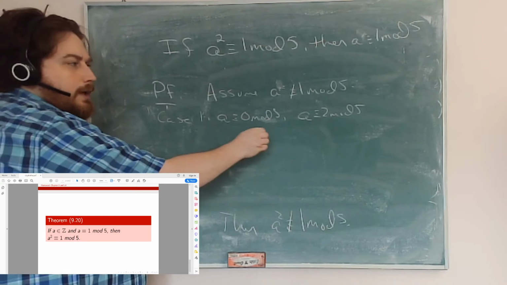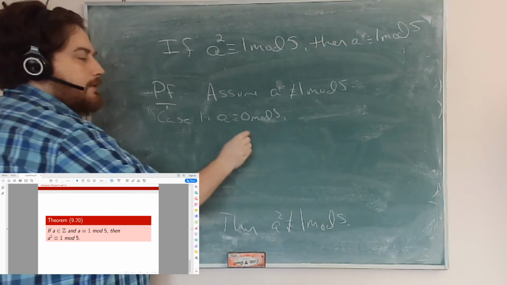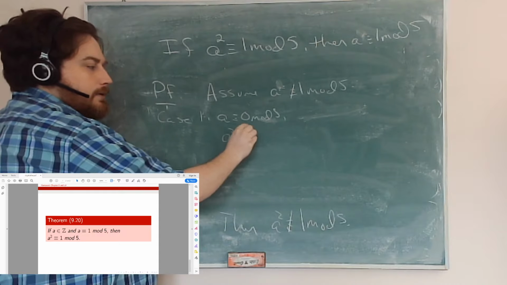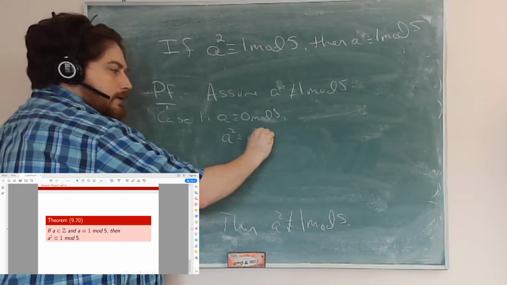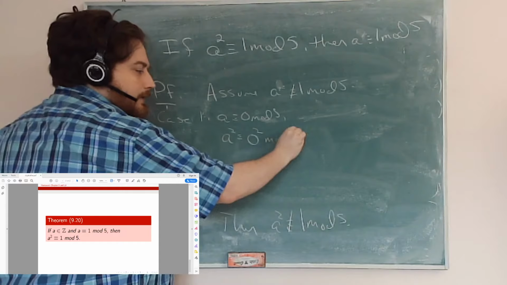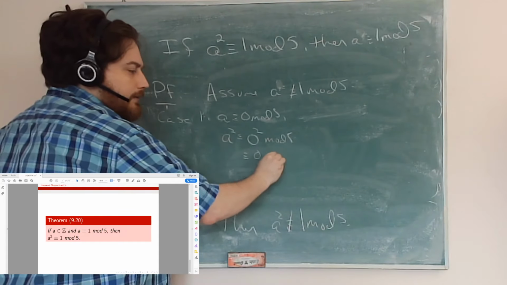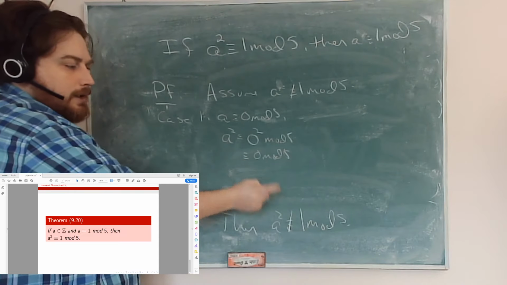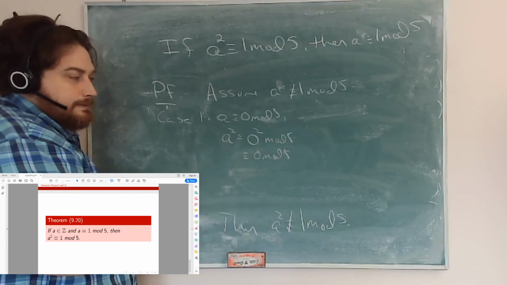So I would start with A is congruent to 0 mod 5. If A is congruent to 0, then A squared is congruent to, well, I can substitute in 0. So I get 0 squared mod 5, which is just 0 mod 5. Because 0 is not equal to 1, A squared is not congruent to 1 mod 5.